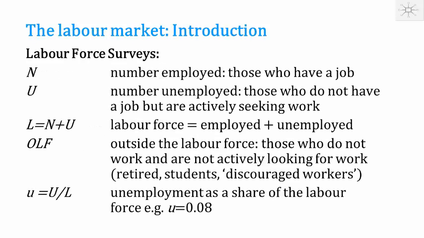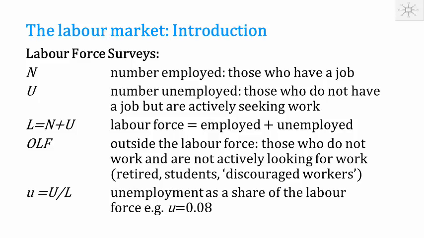So a few words about the data. The data come from labor force surveys, where you interview a random sample of the population and classify people into different categories. And we will use the letter capital N for the number of people employed. So those are the people who have a job and work at least a little bit.